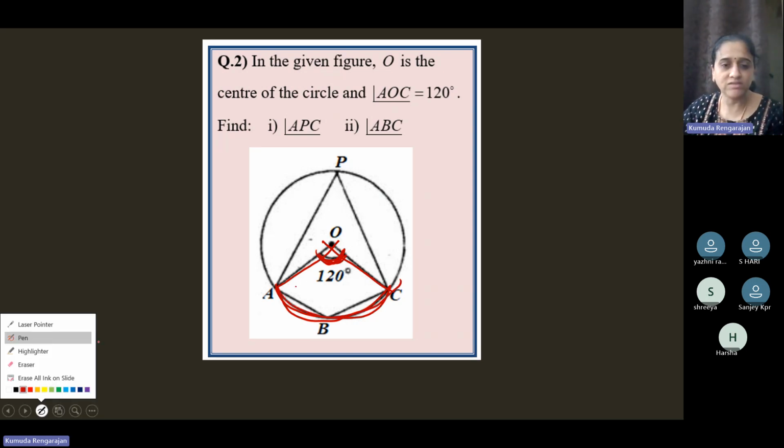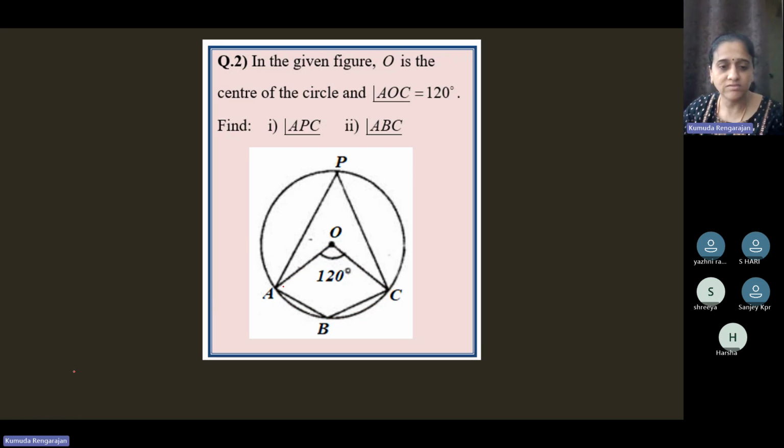Now the same arc AC, the point is P on the circumference. Join A to P, C to P. And this is the angle made by the same arc AC at the point P on the circumference. So this angle is double this angle. Center is more, so this cannot be 240, no? 60. It's half of it.